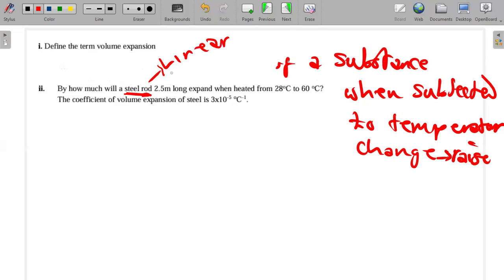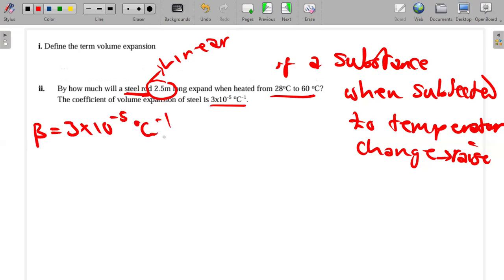So they want us to find the expansion of this steel rod, which has an initial length of 2.5 meters. There is a change in temperature, which will be 60 minus 28. Then there is a coefficient of volume expansion, beta, which is equal to 3 times 10 to the power minus 5 per degree Celsius.